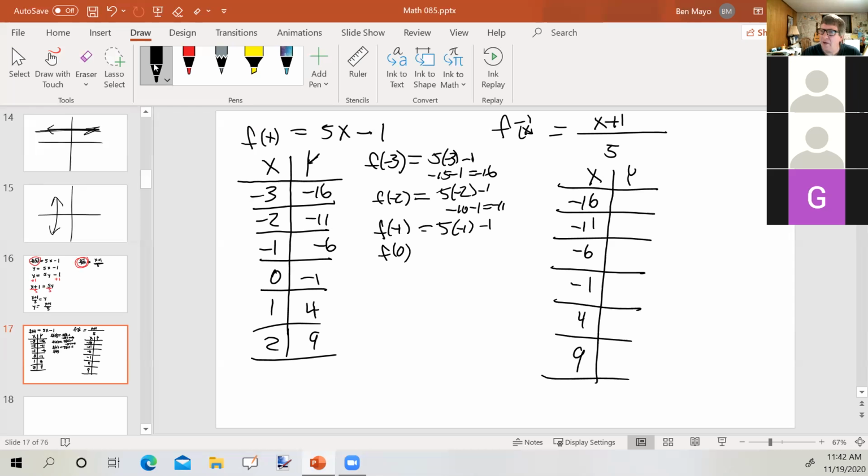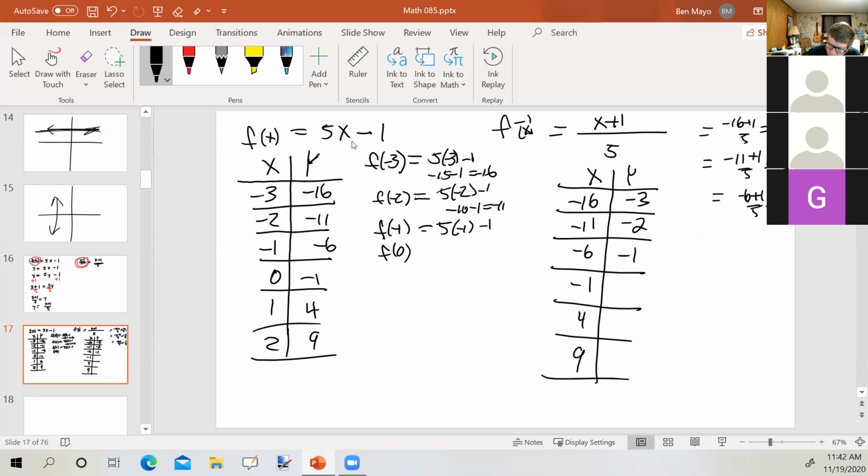If x is -16, we would get -16 plus 1 over 5, which is -15 over 5, which is -3, right? Okay. If x is -11, we'd get -11 plus 1 over 5, which is -10 over 5, which is -2. If x is -6, we'd get -6 plus 1 over 5, which is -5 over 5, which is -1.